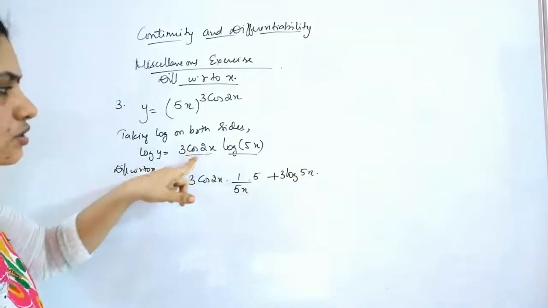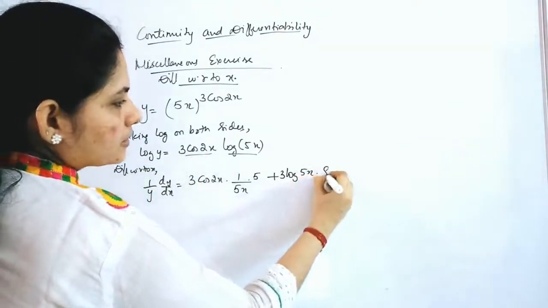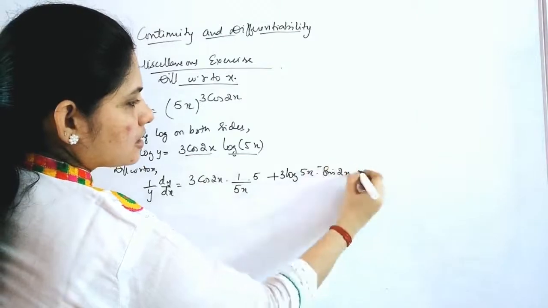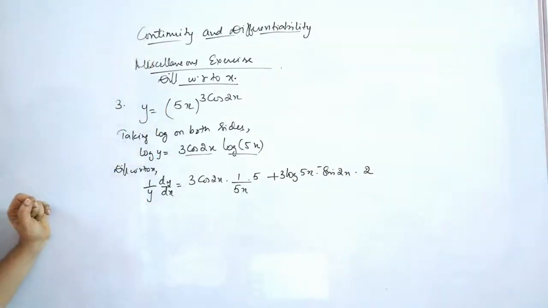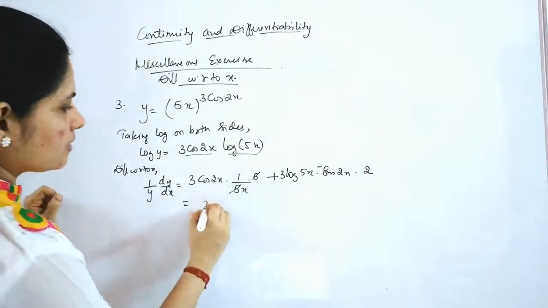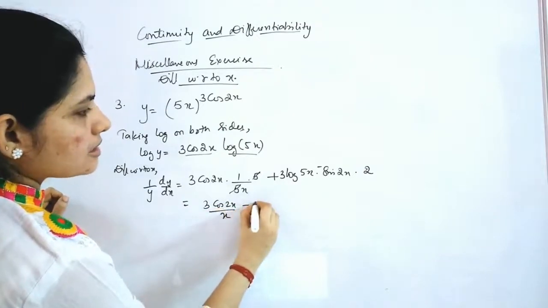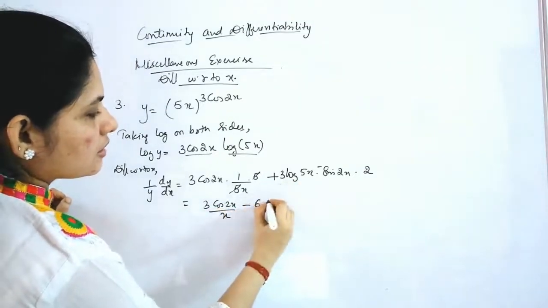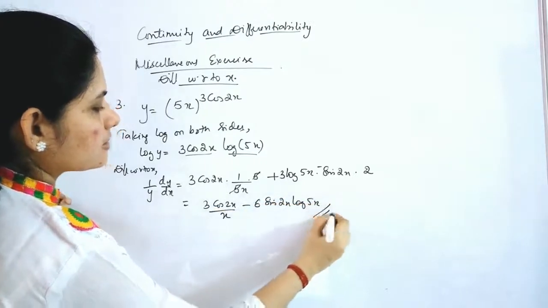Then 3, so cos 2x, the derivative of cos 2x will give you what? Sin 2x negative, together with the derivative of 2x, which is 2. Okay, so you will get 3 cos 2x/x minus 6 sin 2x log 5x.